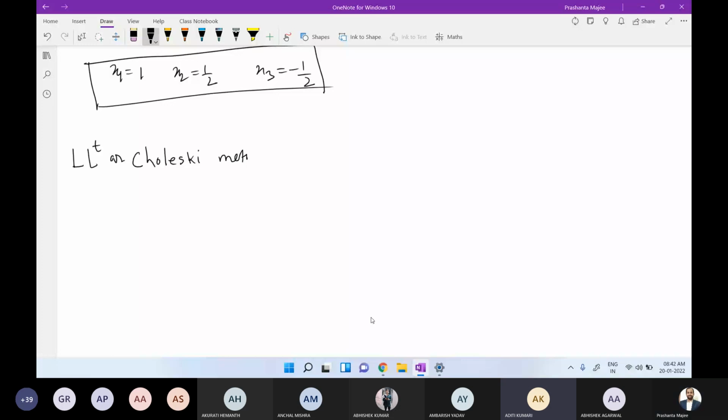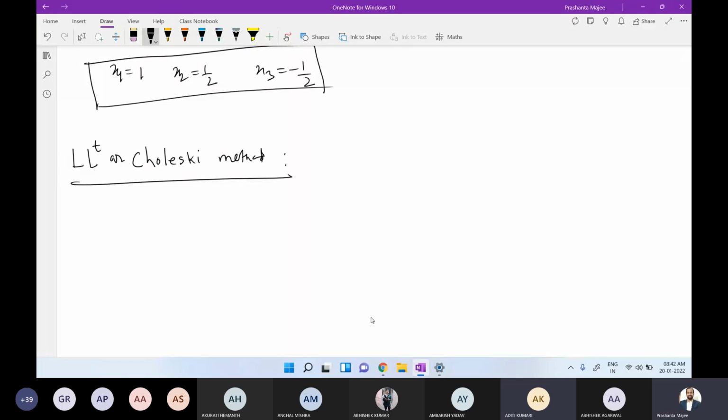What we are going to do in this method? If you want to apply this technique, we want to make the calculation even less. The number of calculations should be smaller. So in a certain type of system, you can apply this technique, LL transpose or Cholesky method.